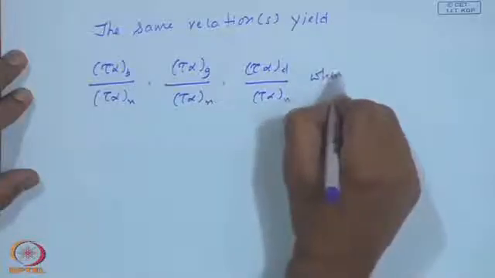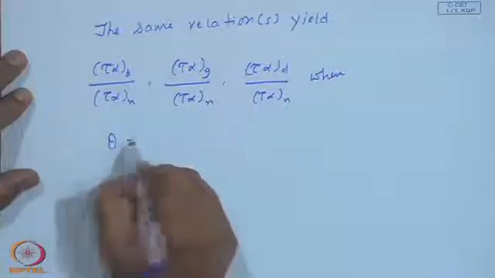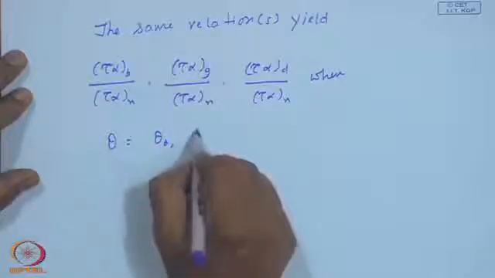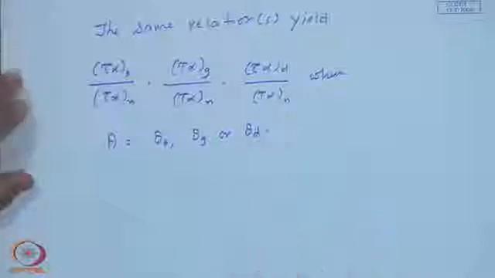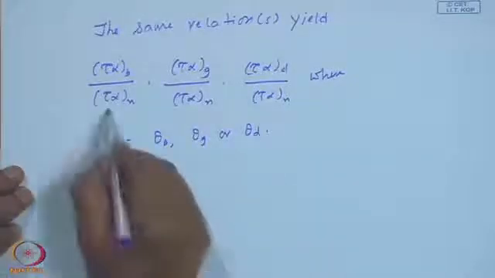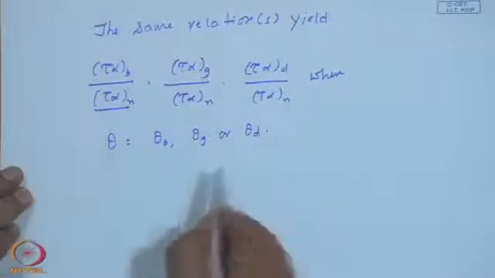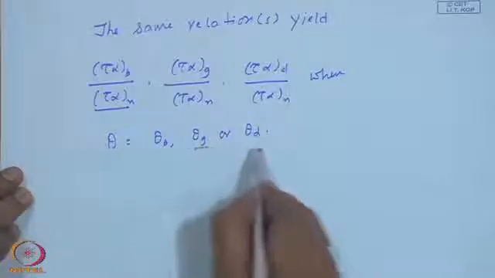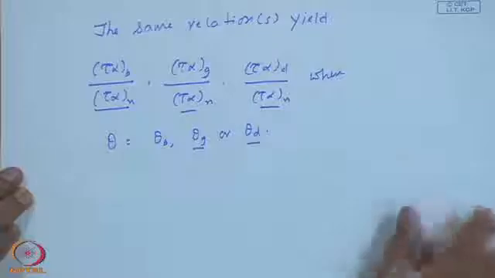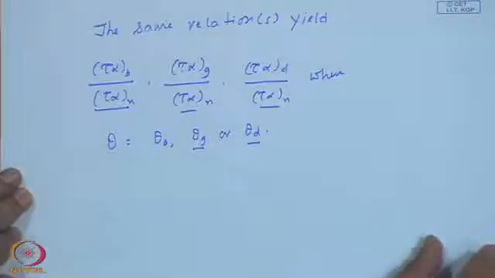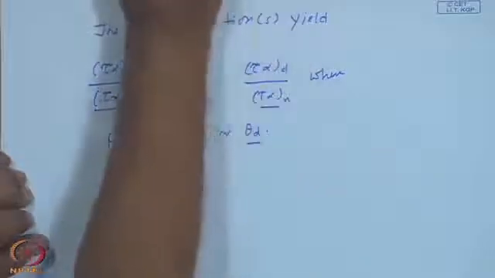when theta B, theta G or theta D. So, you use theta B, you will get tau alpha B by tau alpha n. You will use theta G or theta D, you will get this corresponding transmittance absorptance products ratio with respect to the normal incidence value.